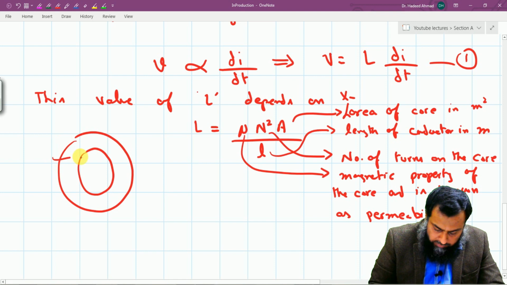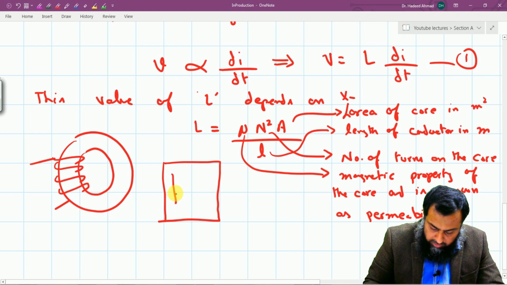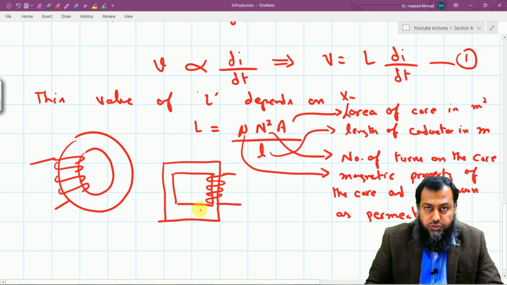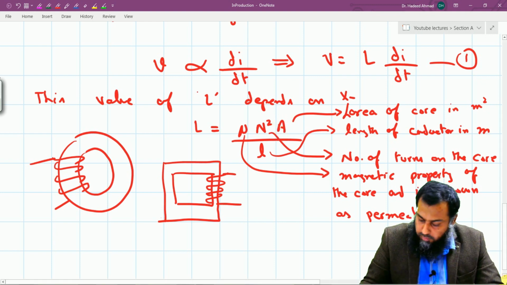Now, there are different shapes of cores that are possible. We may have a circular shape, or we can have this type of inductor. We also make an inductor on this square type of core, and therefore the area depends on the shape of the core, right.